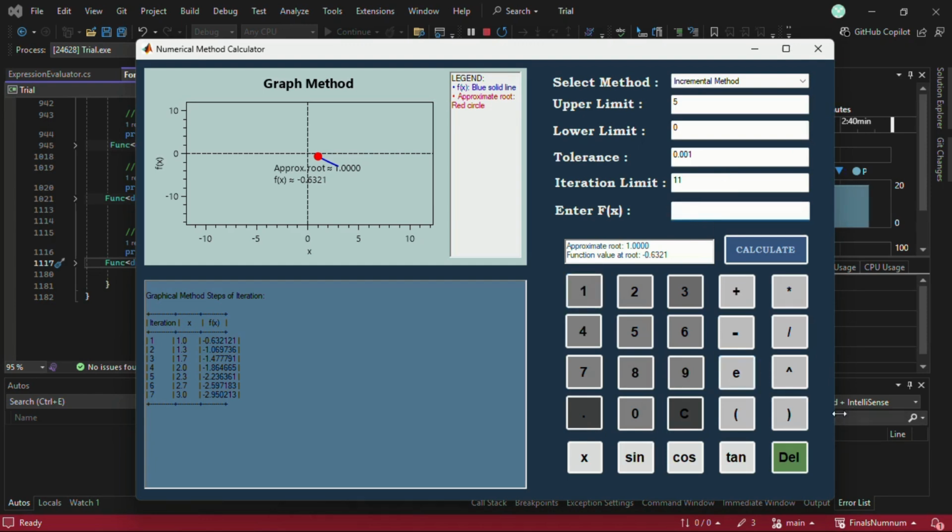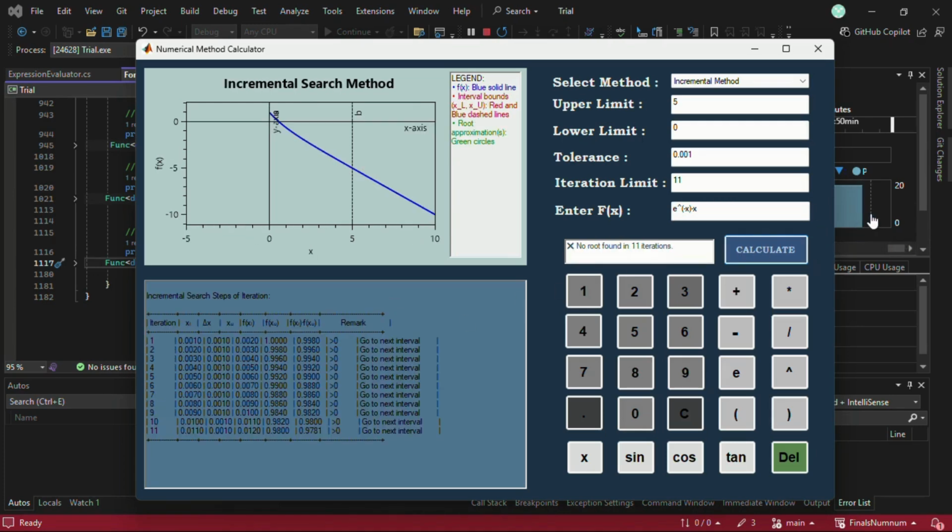We will still use the same equation, e raised to the power of minus x, calculate. As you can see, there is no root found in 11 iterations.